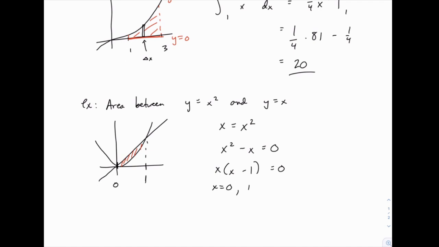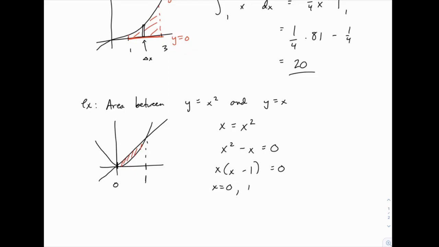So that's a little bit safer. If you set them equal to each other and then, noticing that it's quadratic, you move everything to one side and either factor or apply the quadratic formula, etc. But however you do it, we get the bounds of integration are 0 and 1, the 2 points where they cross.